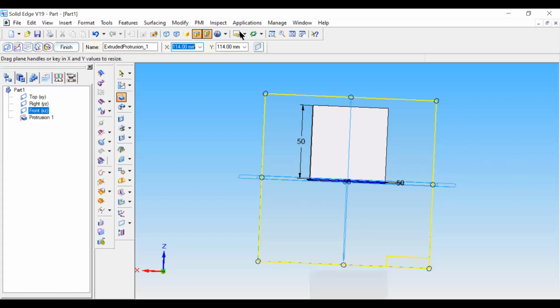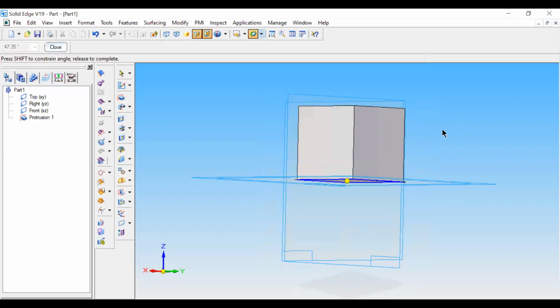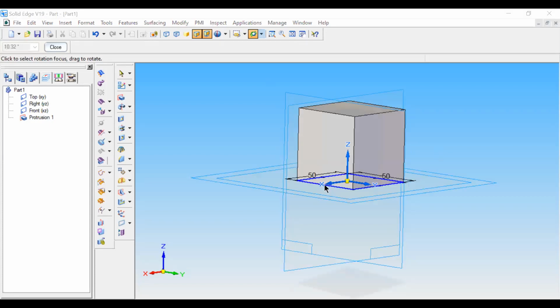Now suppose I rotate this. Keep it like this. Now you can see two faces of the cube, one face and the other face, and the width is a different one. The width is not equal to 50.